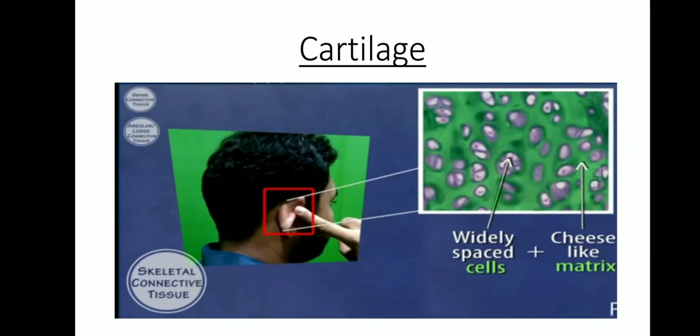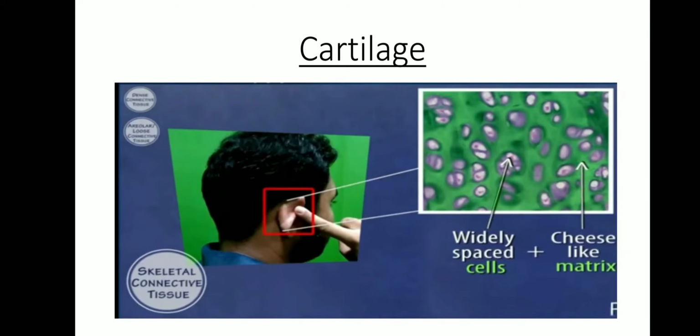And the matrix is composed of large cartilage cells called chondrocytes. So you would have noticed the bone in our ear, nose, trachea, larynx, etc. have got soft bones. Why?